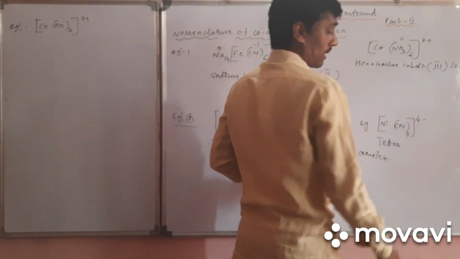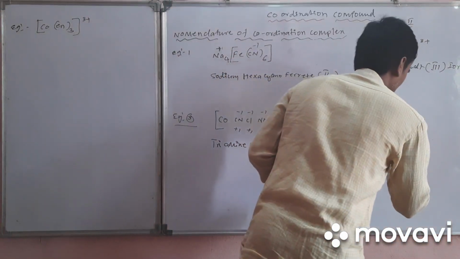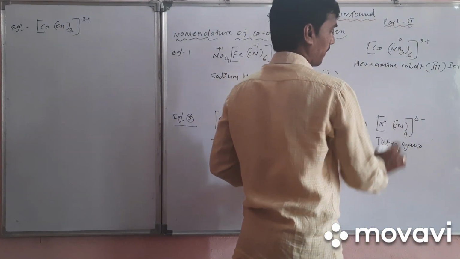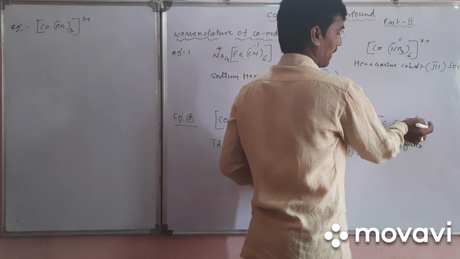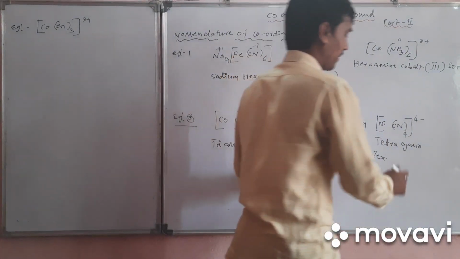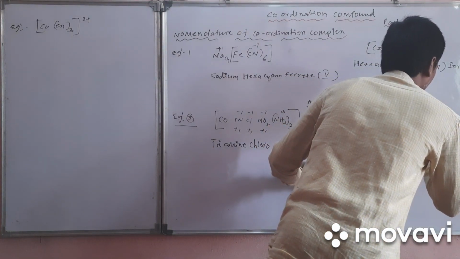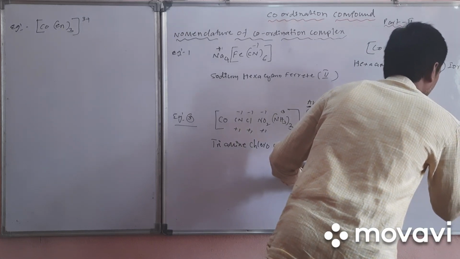This ligand is cyano, a monodentate negative ligand: tetracyano. Next, we end with ate because this complex has an anionic nature. The actual name is nickel, but we use nickelate.